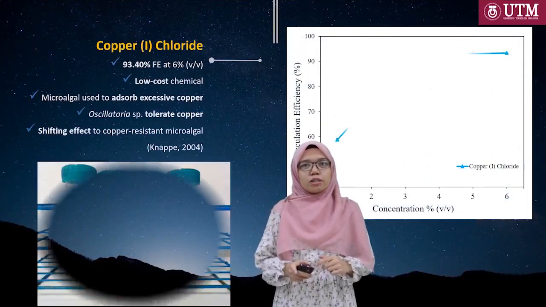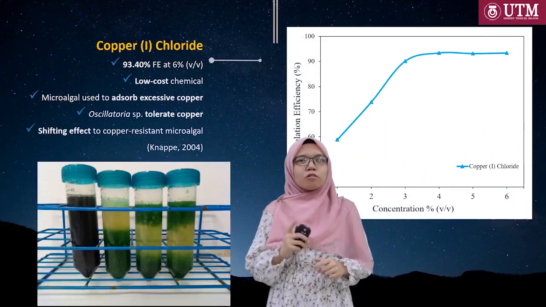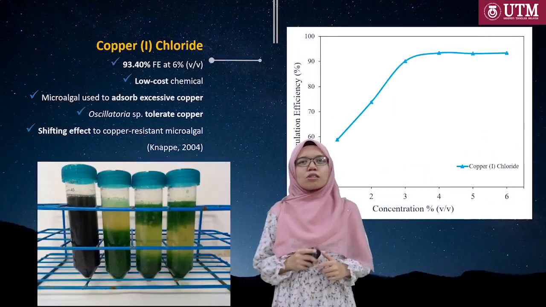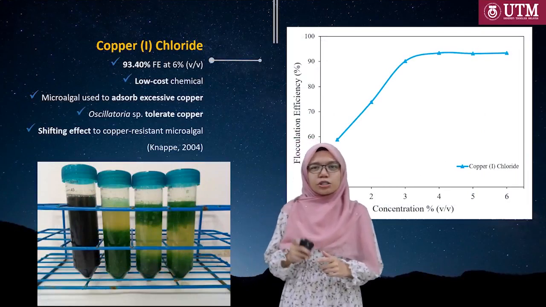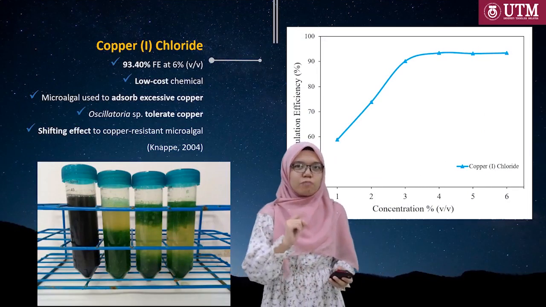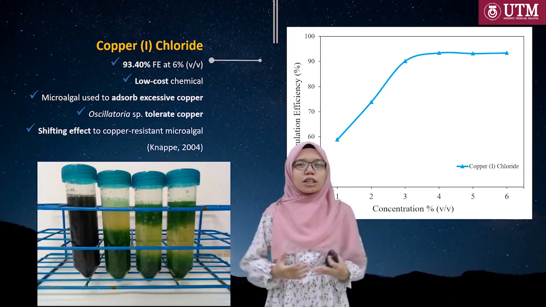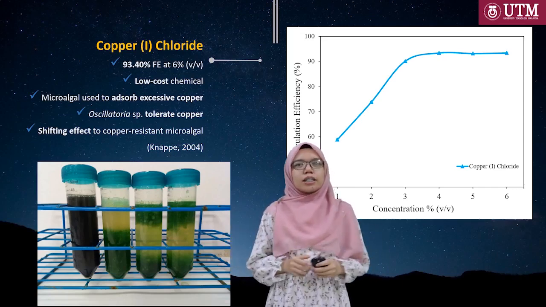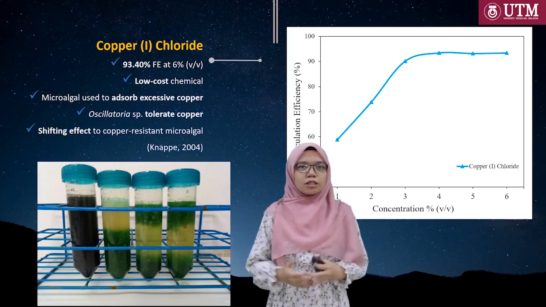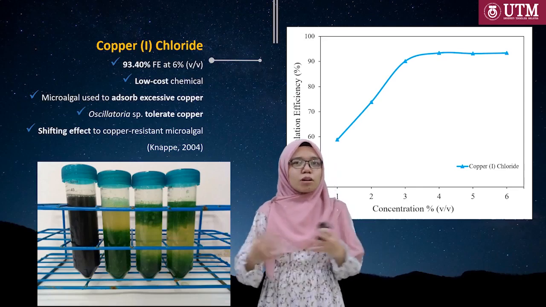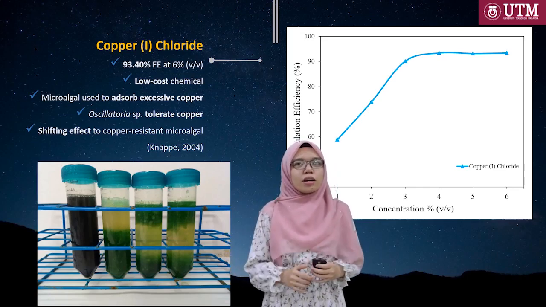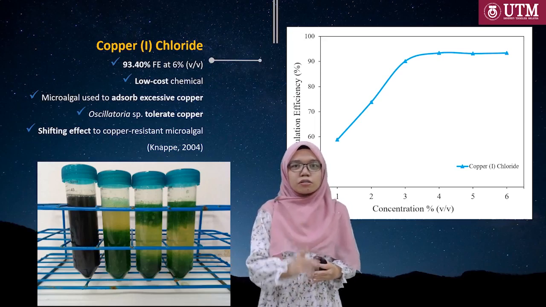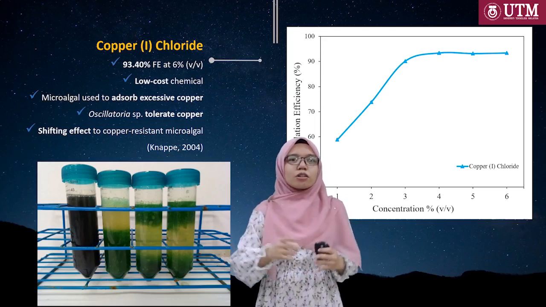So, the third chemical used is copper chloride, achieving 93.40% flocculation efficiency at 6% concentration. The advantage of this chemical is that it is a cheap flocculant to be used in a large-scale area, but from my reading, it causes unexpected events which may be harmful to be used in a public area. The unexpected event is that Oscillatoria can actually tolerate copper.